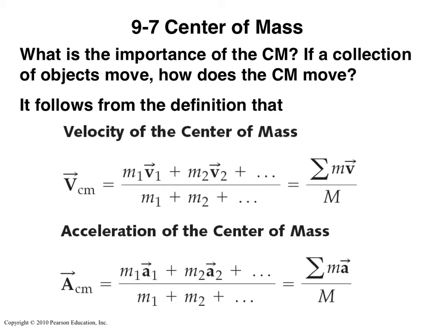In other words, what is the average velocity of the motion of the center of mass? How would I calculate the average velocity? I would just say final minus initial divided by the time taken, right? This would be the velocity of the center of mass, x component.